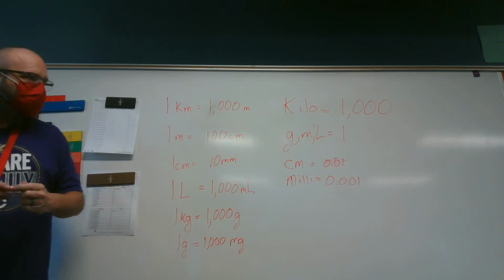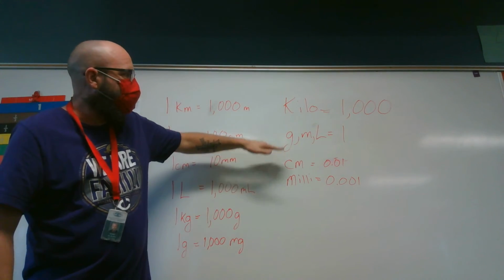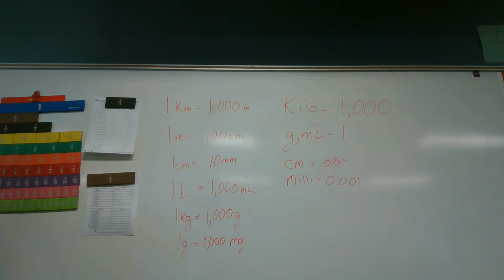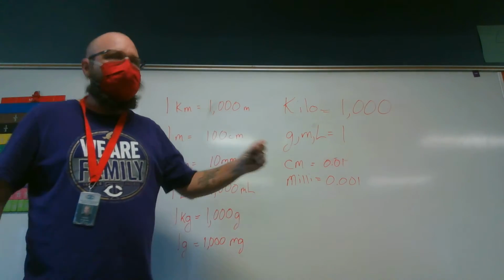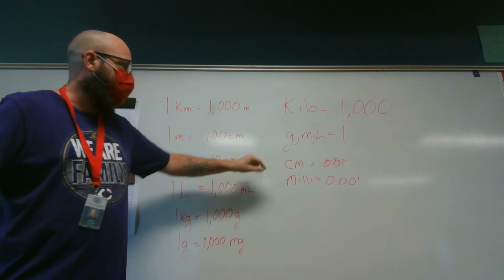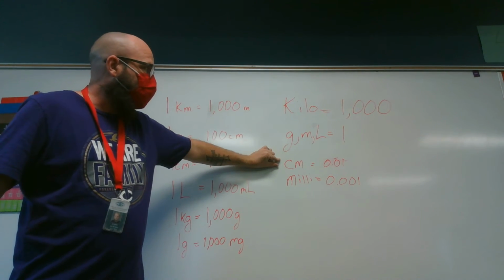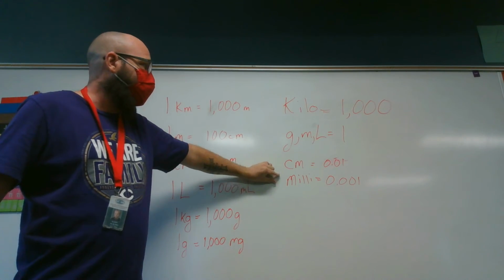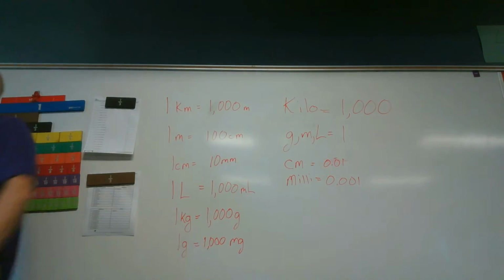What that means is a centimeter is 1/100th of a meter. A millimeter is 1,000th of a meter. That means it takes 100 centimeters to equal a meter. It takes 1,000 millimeters to equal a meter.